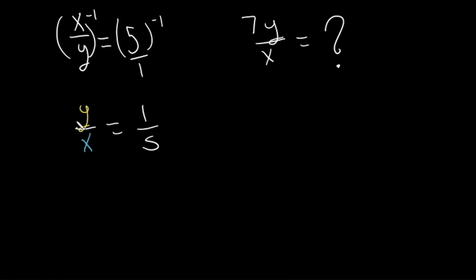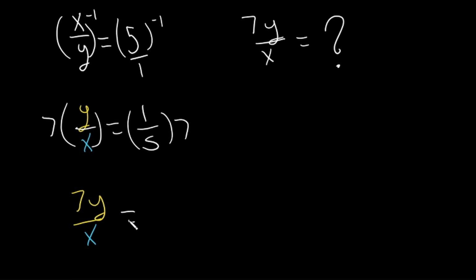So if we have y over x here, we can just multiply by 7 on both sides to get our answer. So 7 times y divided by x is 7y over x, and 7 times 1/5 is 7/5. So 7y divided by x is equal to 7 over 5.